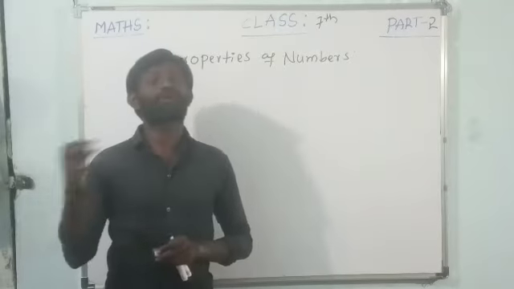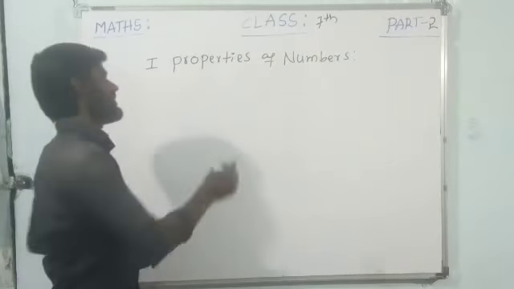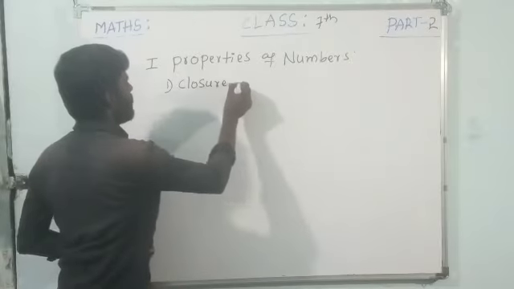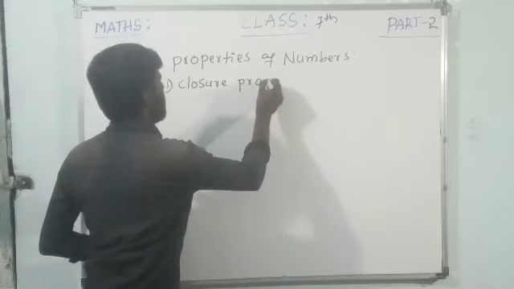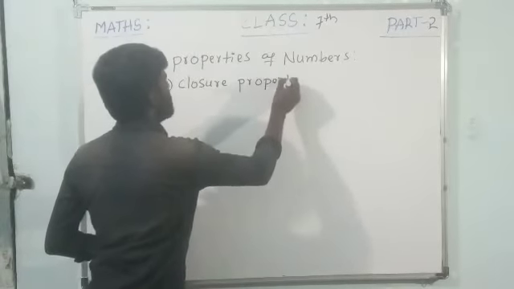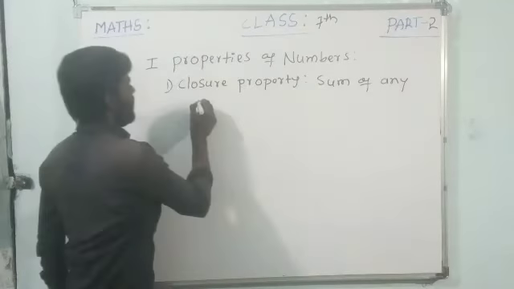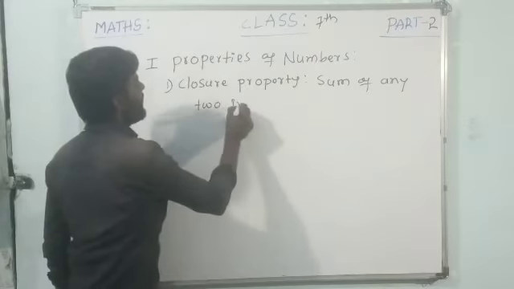The first property is closure property. Suppose the sum of any two integers gives a whole number.